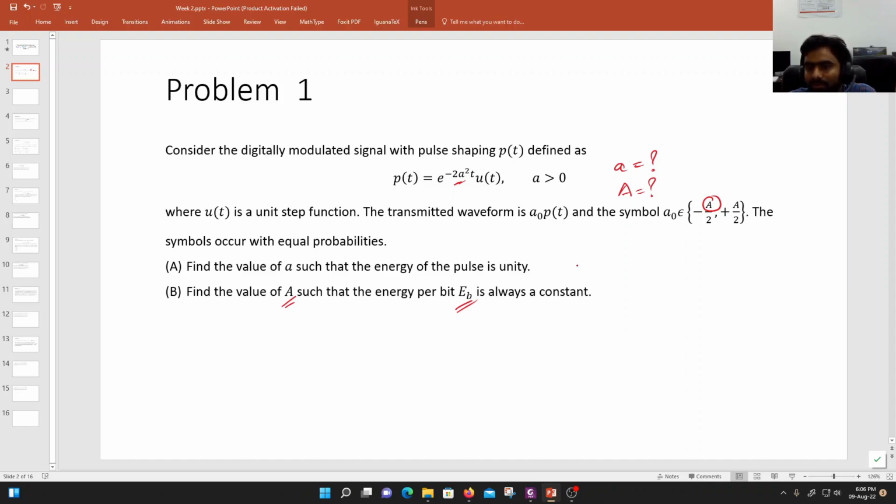So in the first question you have to find a such that energy of the pulse EP is unity. This condition you have to fulfill. So for you I am writing the energy of the pulse. So energy of the pulse will be integral from minus infinity to infinity of p(t) squared dt.